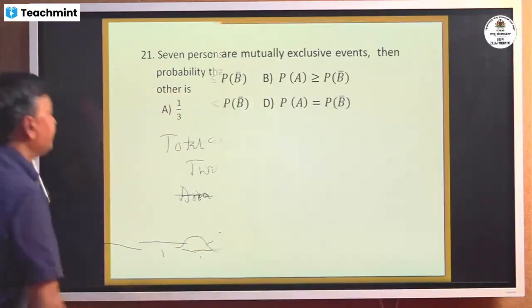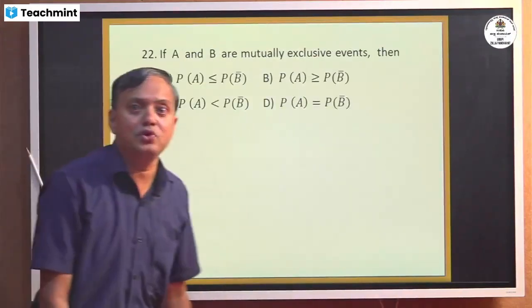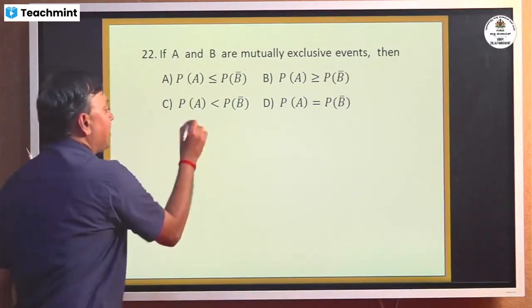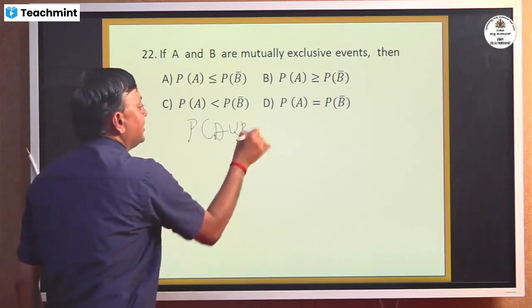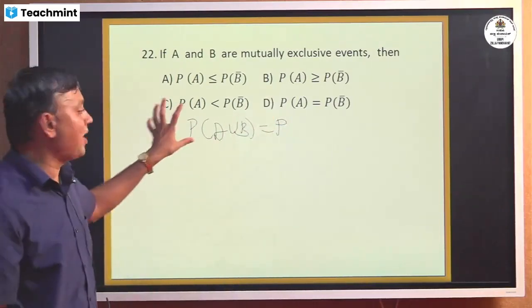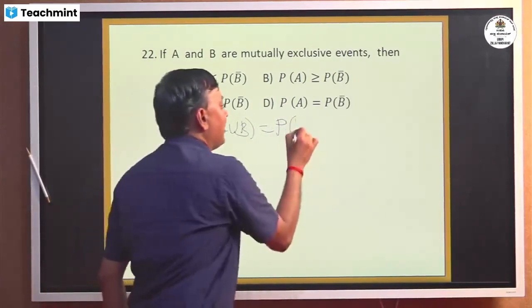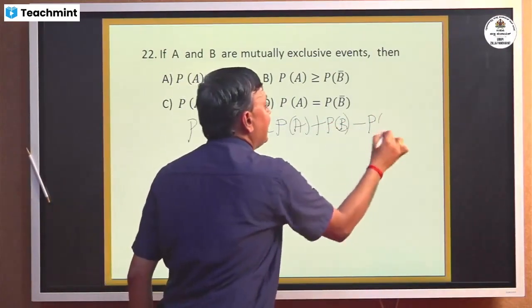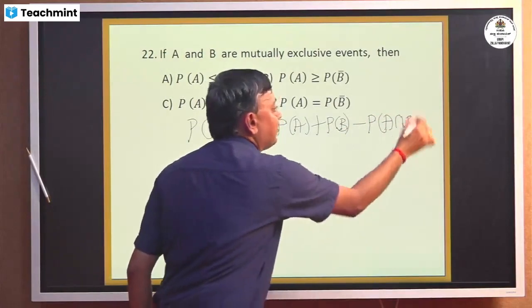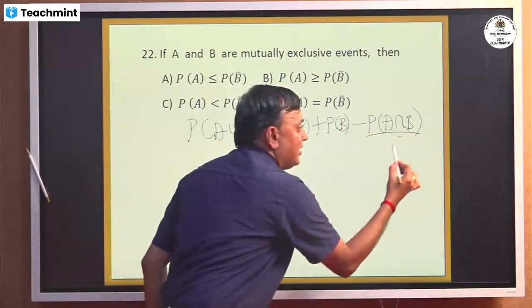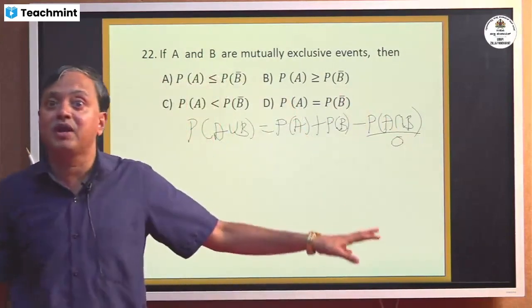Next question. If A and B are mutually exclusive events, then probability of A union B becomes, this is a very important formula in probability. First, probability of A union B is equal to probability of A plus probability of B minus probability of A intersection B. Here A and B are exclusive events, their intersection is empty, so the probability becomes 0.